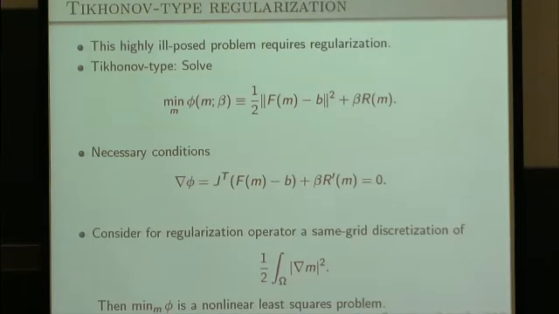The level set function is now differentiable, and therefore it makes sense to look at the least squares norm of the gradient. That will be our regularization operator discretized. And so when you plug in this thing here, this is just a very large and somewhat ugly nonlinear least squares problem.